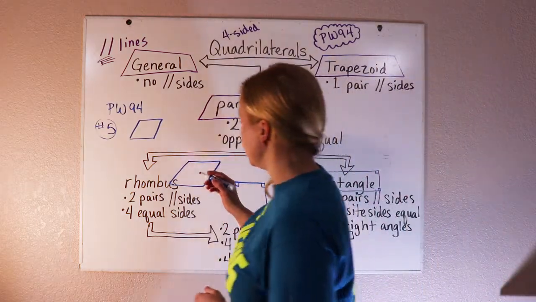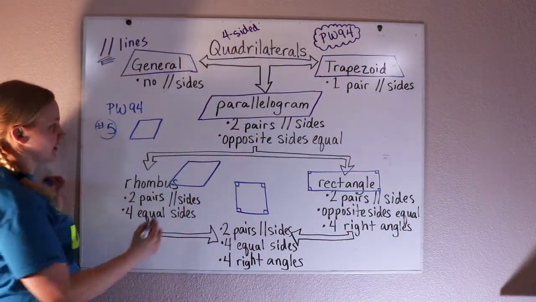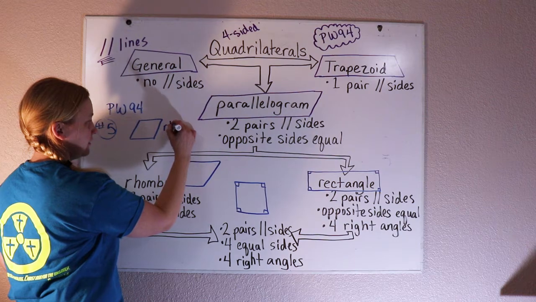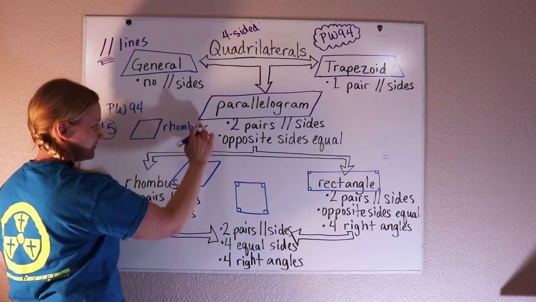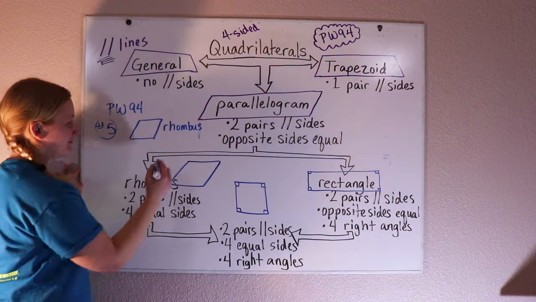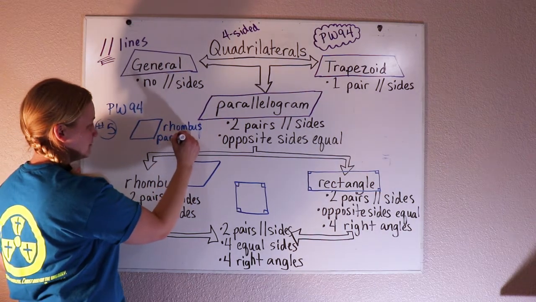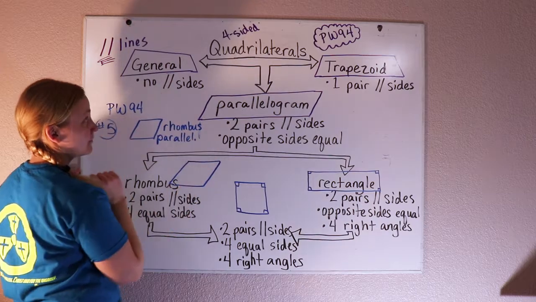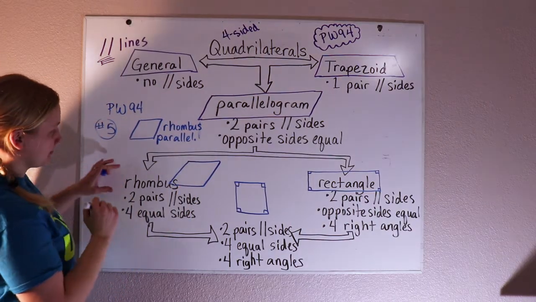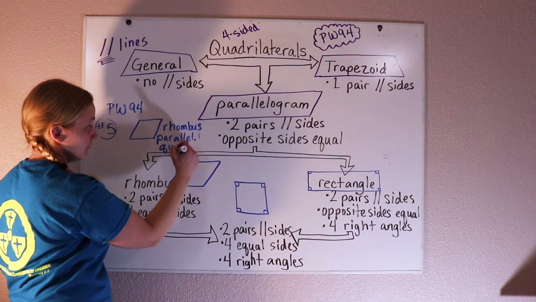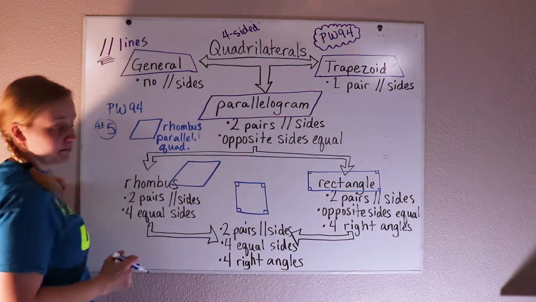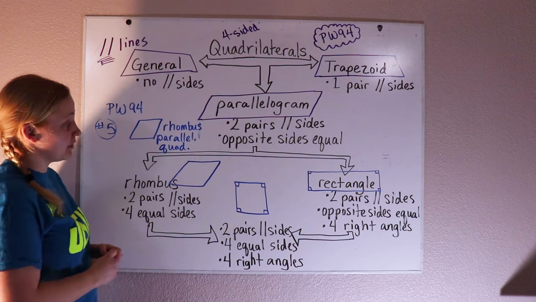You can call that one a rhombus, you can call it a parallelogram, and we all know they're quadrilaterals, so you could also add quadrilateral, but it can be named for 3 different things.